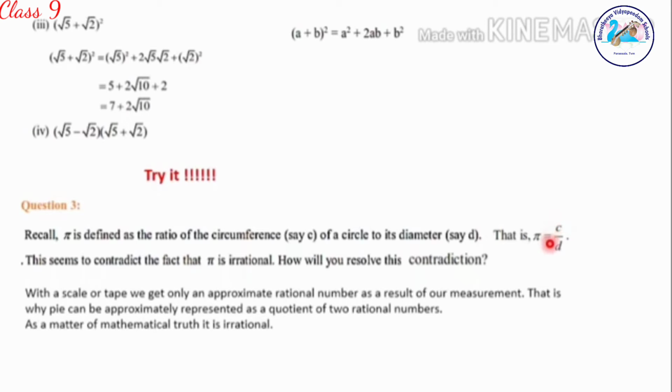Pi is equal to c by d, circumference by diameter, is an approximate value, and as a mathematical truth, we accept that pi is irrational. For more explanation and visualization of this concept, you can use this YouTube link and watch the video which is uploaded there.